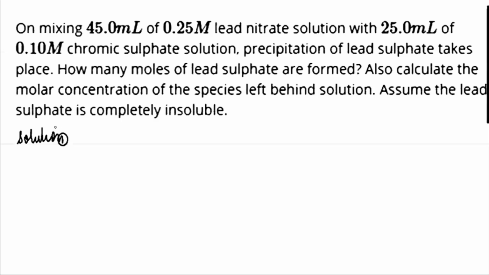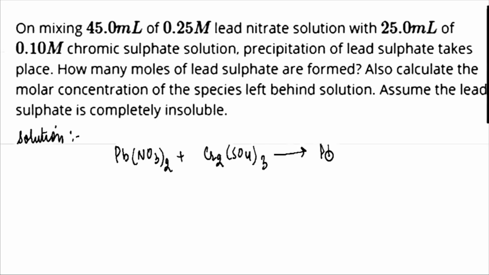First of all, before we go any further, let us write down the reaction. We have lead nitrate, when made to react with chromium sulfate, we get lead sulfate as a precipitate and chromium nitrate.